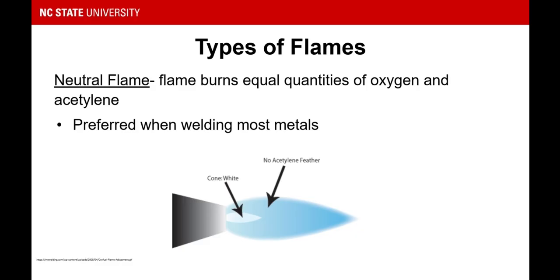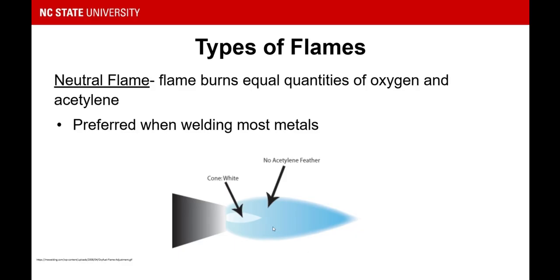What you really want to focus on when you're creating these oxyacetylene torch flames is that we want to use what we call a neutral flame. The neutral flame burns equal quantities of oxygen and acetylene, so we don't have too much carbon or too much oxygen, and a neutral flame produces the most heat of any other flame setup within the torch. It is preferred when we're welding most metals.